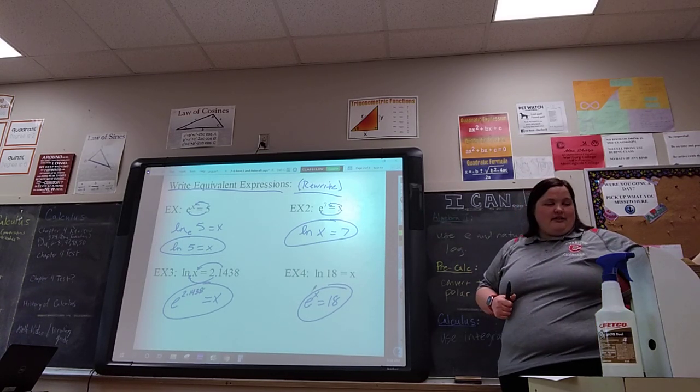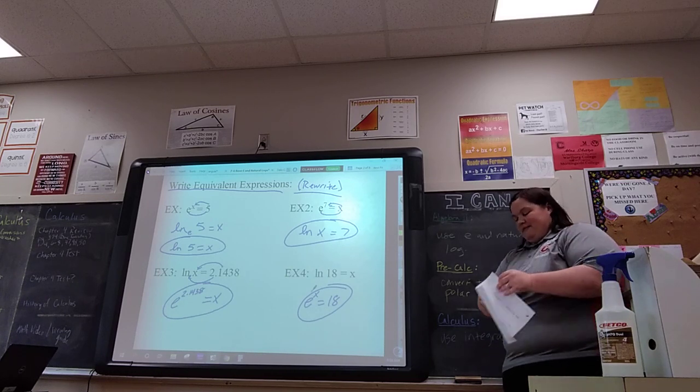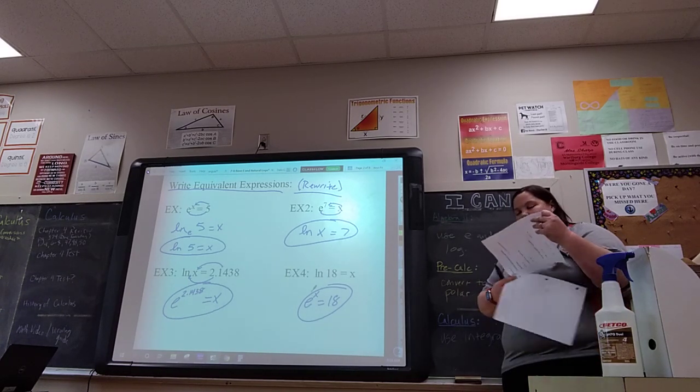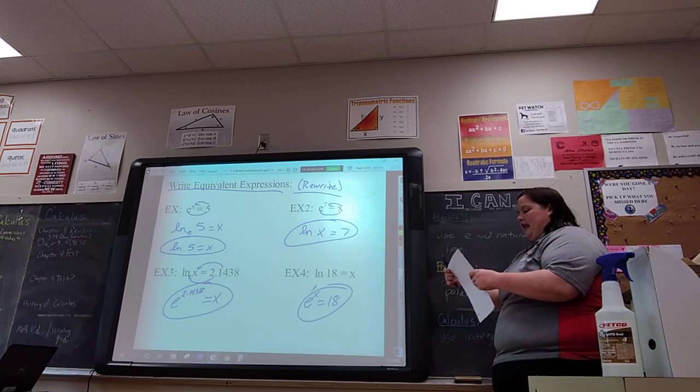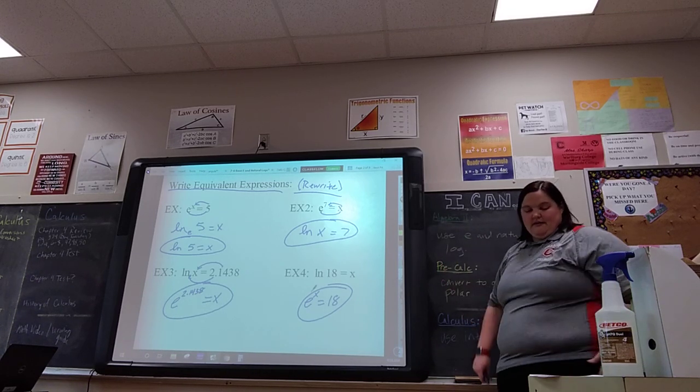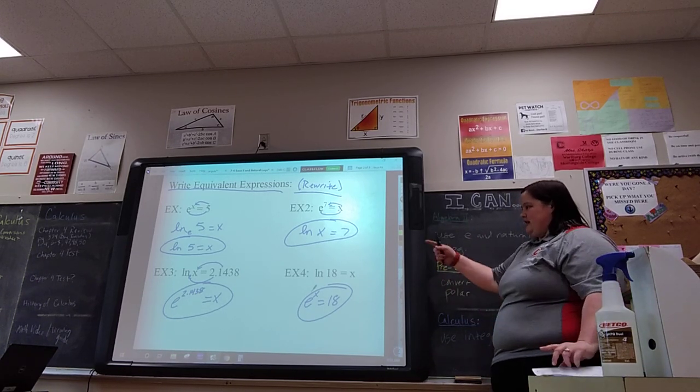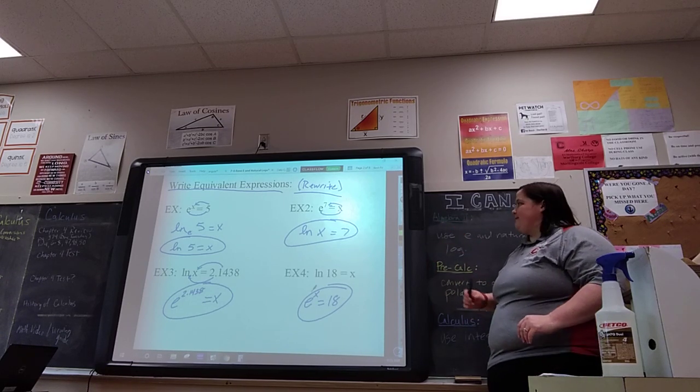Now, the other thing we did with logs was we solved them, so that's what we're going to talk about now. We're going to take E and ln equations and solve them for x, and we're going to use this rewriting process to help us.